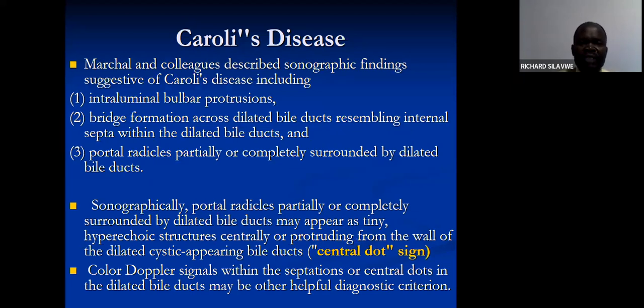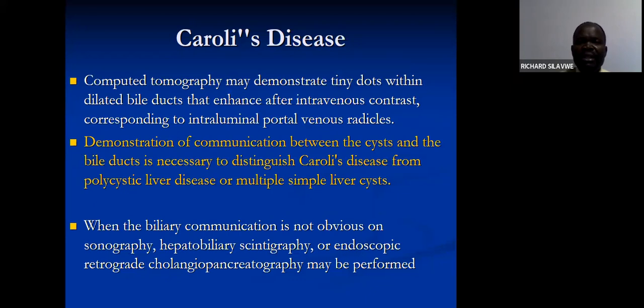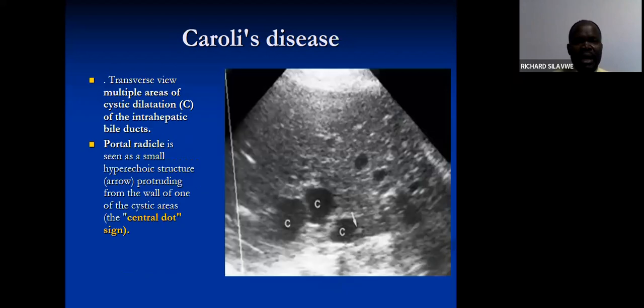So computed tomography may demonstrate tiny dots within dilated bile ducts that enhance after intravenous contrast. So computed tomography is also very helpful in diagnosing Caroli's disease. If you scan a patient and you find what we have been describing, you can recommend a CT just to make a confirmatory diagnosis.